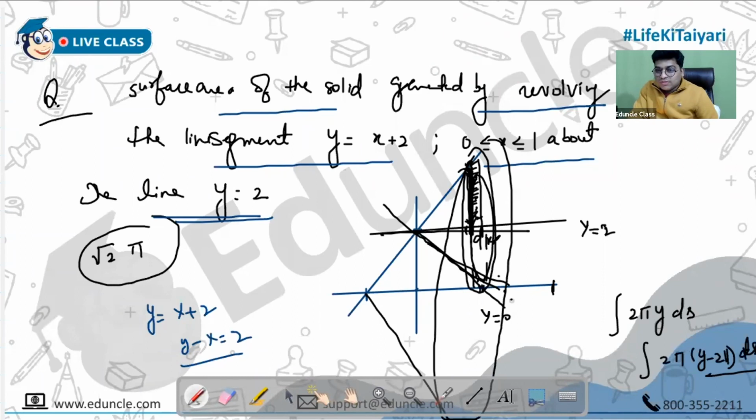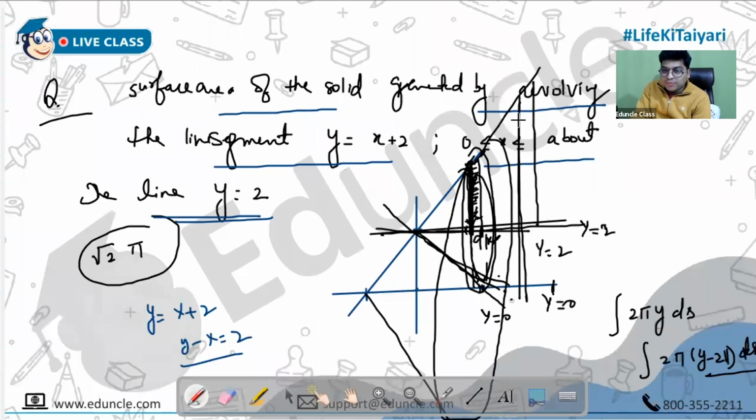So what we have to take is the point which is on the curve and the axis, the perpendicular distance between them, the perpendicular distance from the curve to the line of rotation. If you see, this is like this, x y is equal to 2, this is y is equal to 0, and this is total y.